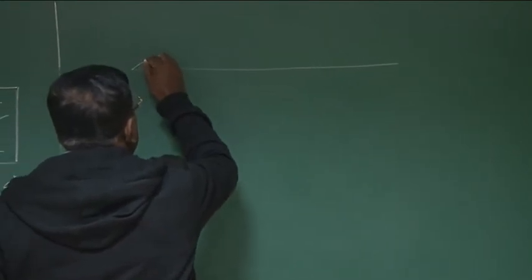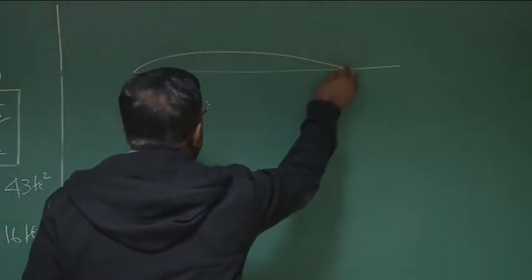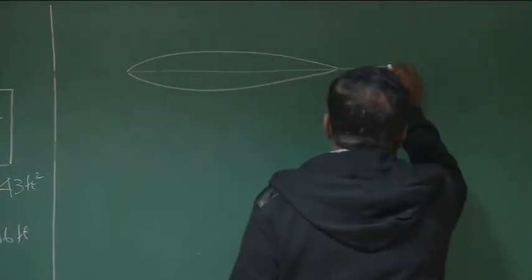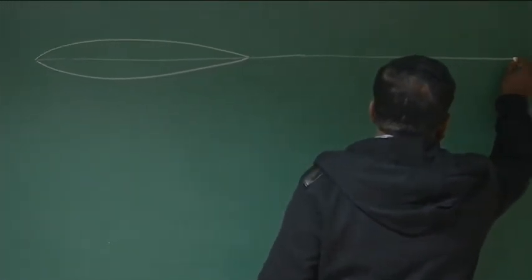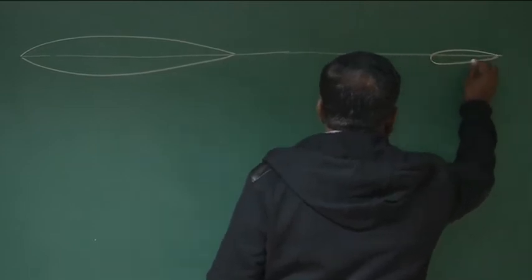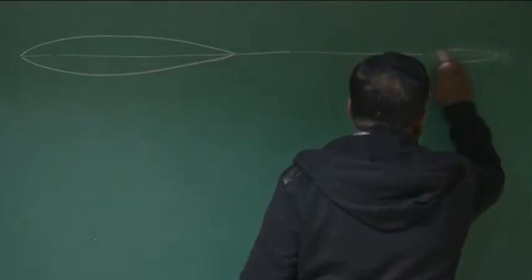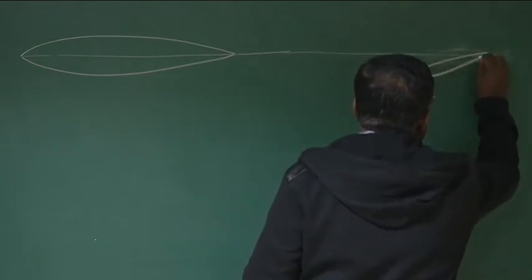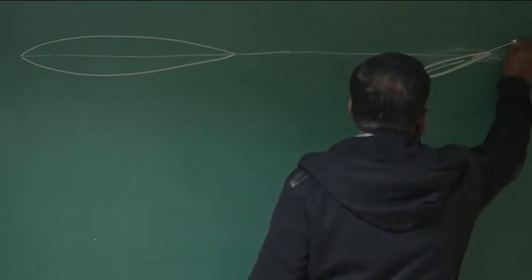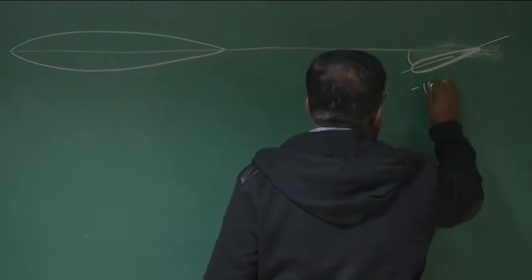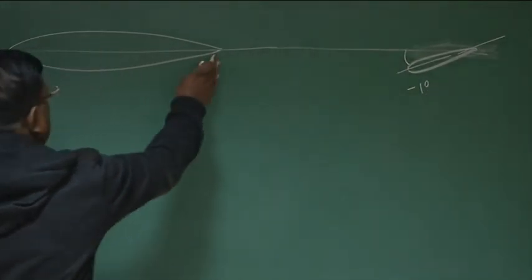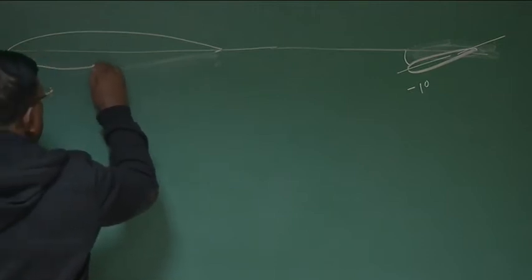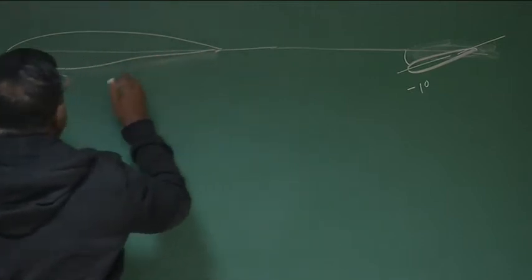If this is the wing, the tail is somewhere here. Tail is symmetric, but the tail is not only symmetric, the tail is set at -1 degree. So we should correctly draw it like this. This is -1 degree, and this wing is cambered. So I should at least pictorially draw it as a cambered aerofoil.